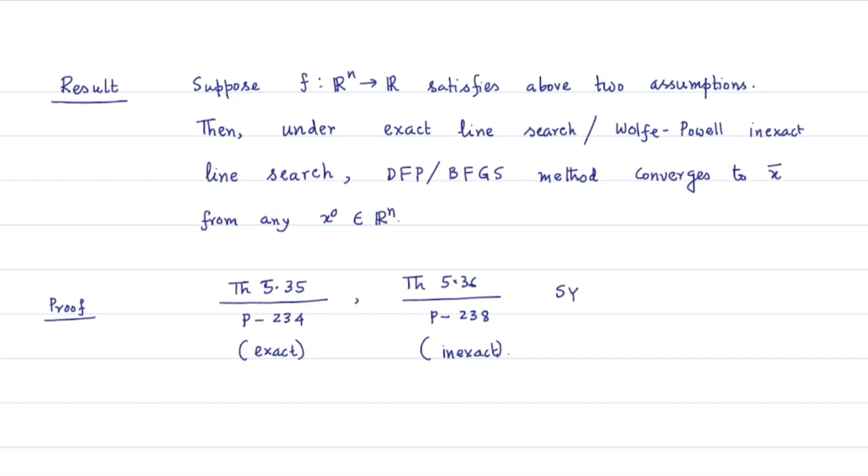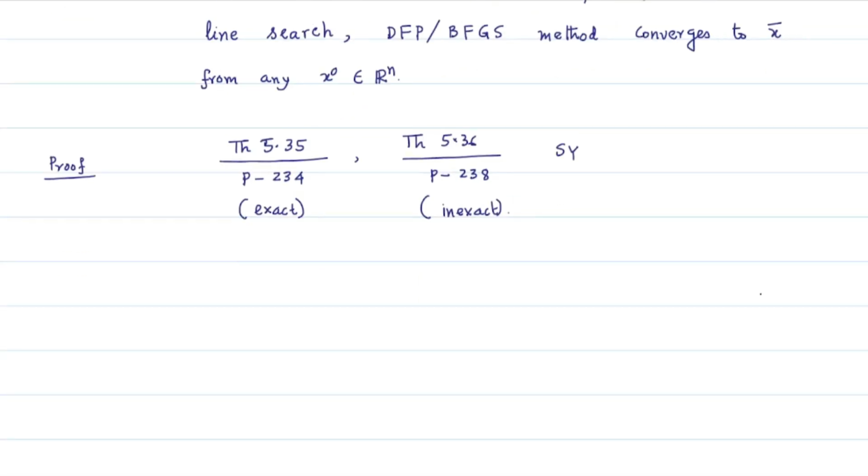Now, after knowing this global convergence result, we will now go for estimating the rate of local convergence of the quasi-Newton methods. In estimating the local convergence rate of quasi-Newton methods, we broadly take the assumption that the Hessian matrix is a Lipschitz function around a local minimizer x bar of the objective function f. We neatly take the following assumptions for the local convergence rate of the quasi-Newton method.